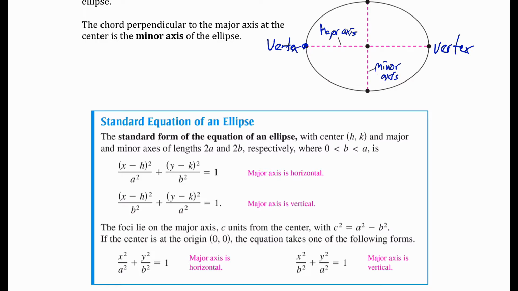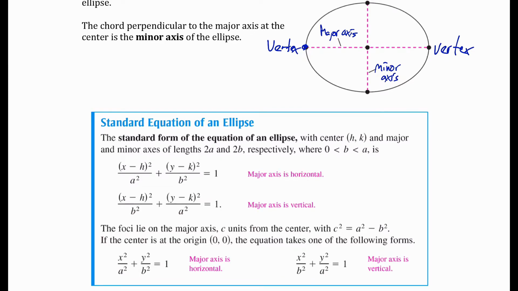We dealt with x minus h and y minus k last time. One other thing about this time: with the parabolas, only one group was squared. In this case, both the x minus h and the y minus k are squared. That's also closely related to the equation for a circle.